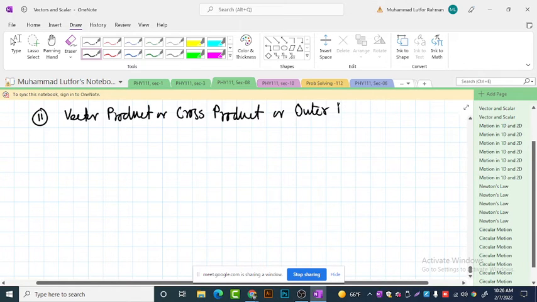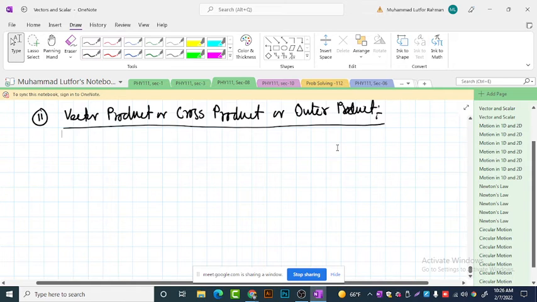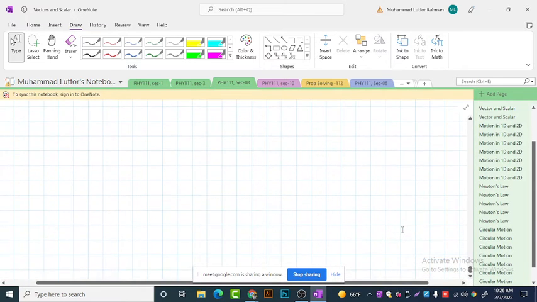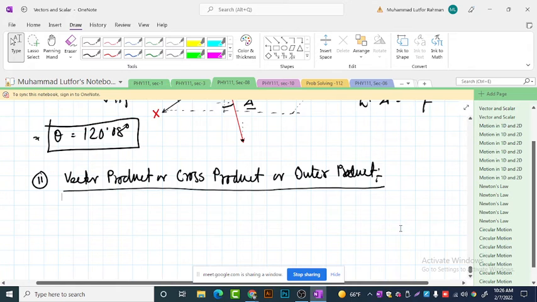In our quantum mechanics language, we use the inner product and outer product. We don't use vector product and dot product in that mechanics. So we can find this cross product, or the vector product, by two methods.